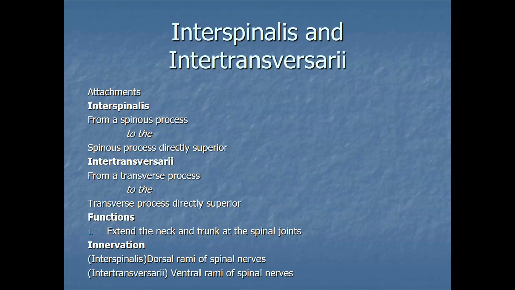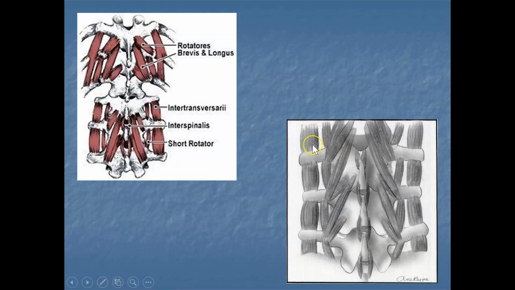Remember, this is the one that goes back. Whereas intertransversarii is more innervated by the ventral rami of the spinal nerves. In other words, this is a nerve that travels anteriorly away from the nerve as it exits the spinal column. You see here again, intertransversarii and interspinalis here.